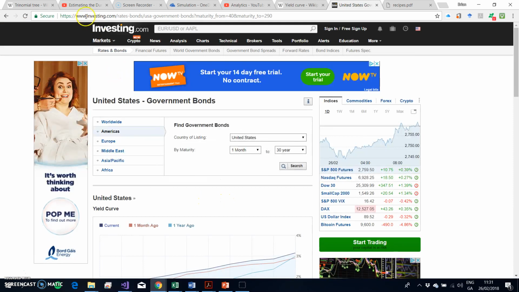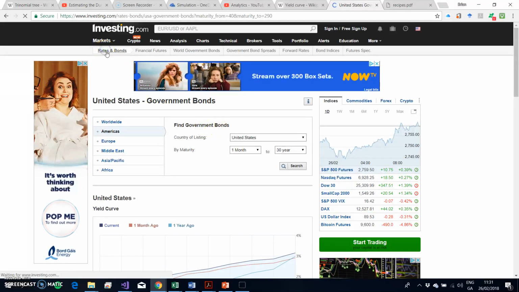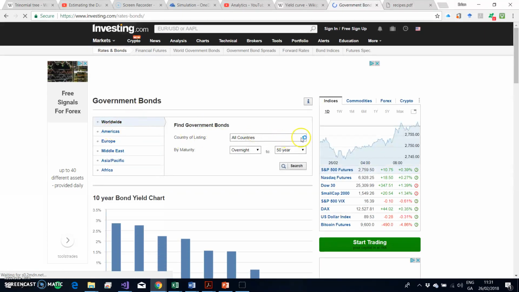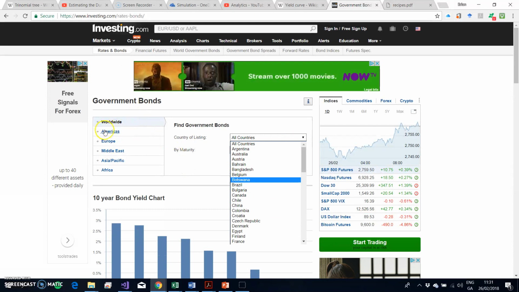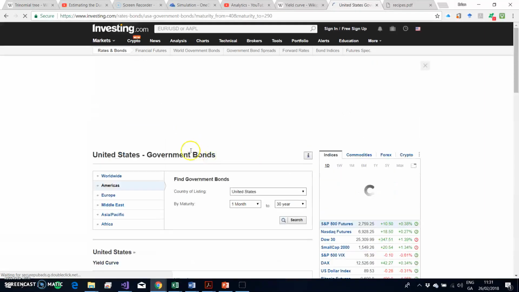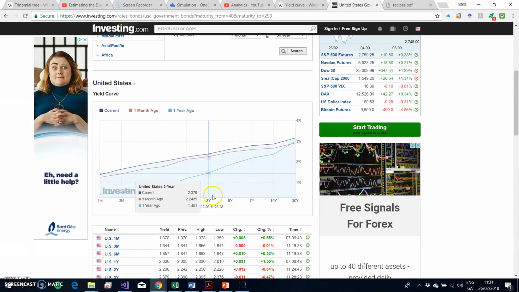So I've just got onto this web portal here, investing.com, and I'm looking at government bonds. So really we're looking at the Americas, and then we'll pick out a country. Looking at United States, and then we'll search, and we're looking at maturities, and we're looking at the term structure of interest rates here.